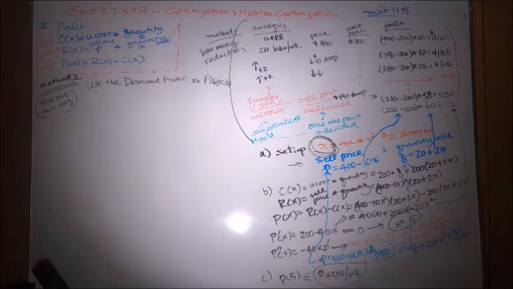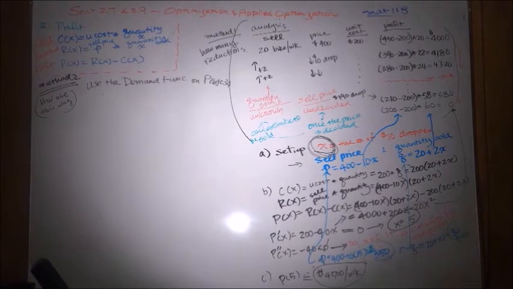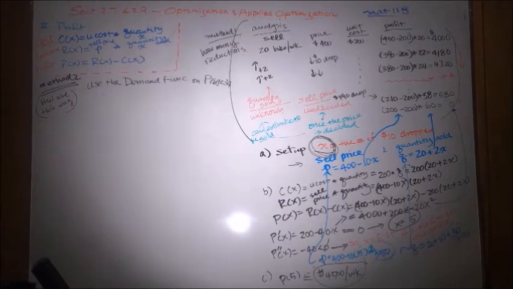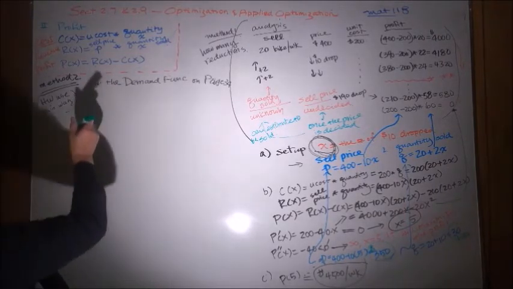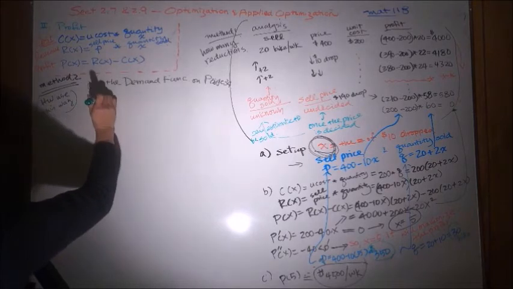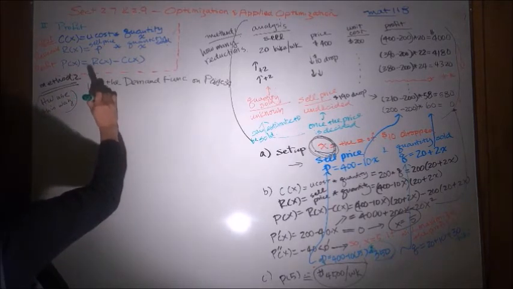Okay, so the demand function is saying what? If you sell cheaper, you might have more demand, right? Or if the demand is higher, you can sell it cheaper, right? So it's talking about the demand function. You can look at it this way, okay?